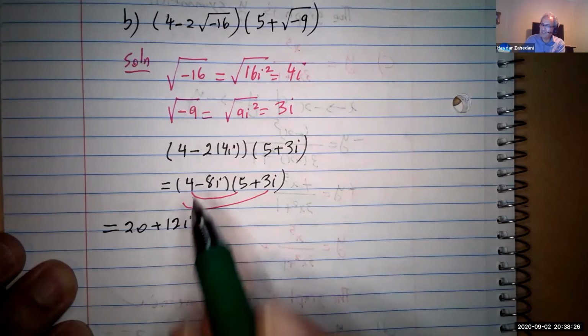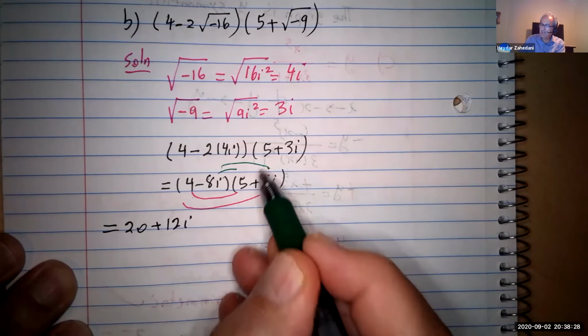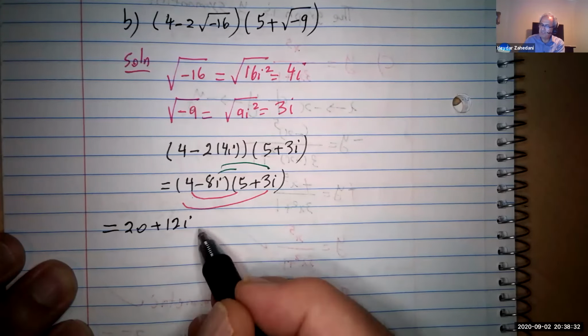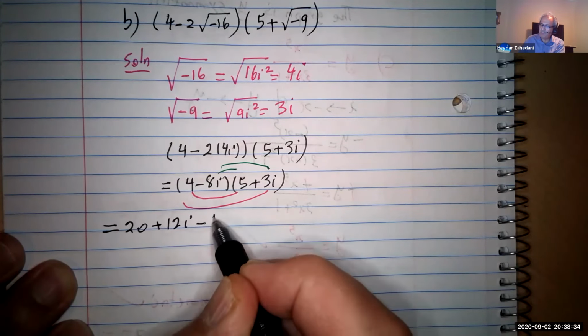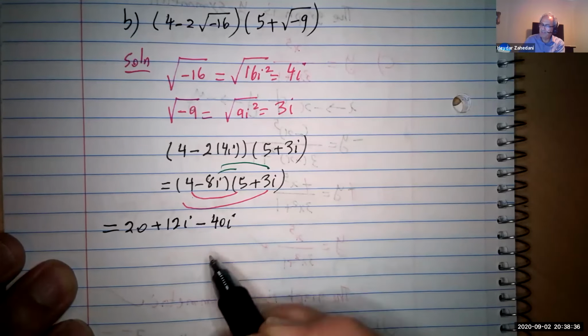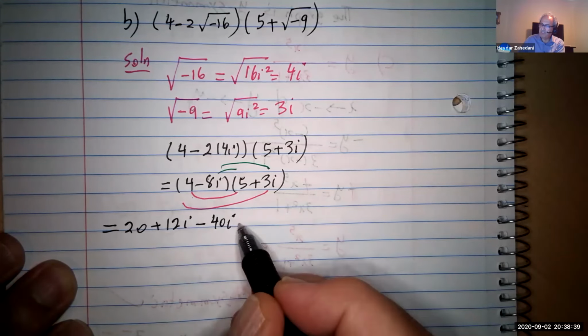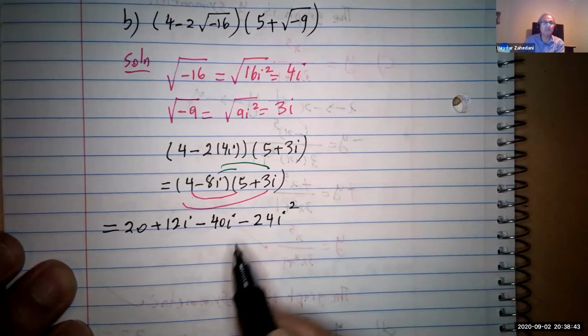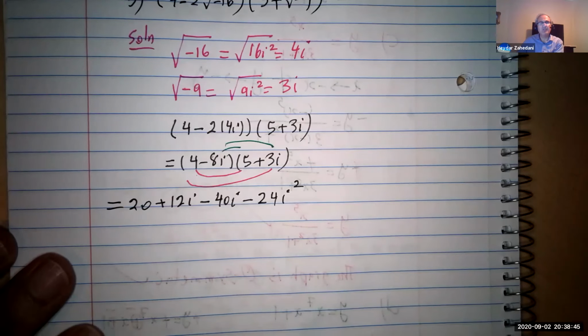Then we get the inside: negative 8 times 5, negative 40i. And we continue, negative 8 times 3i gives you negative 24i squared. Any question? You have to combine the like terms.